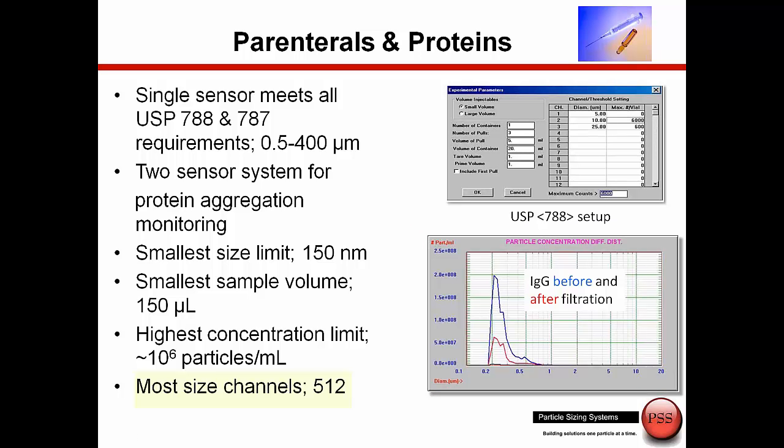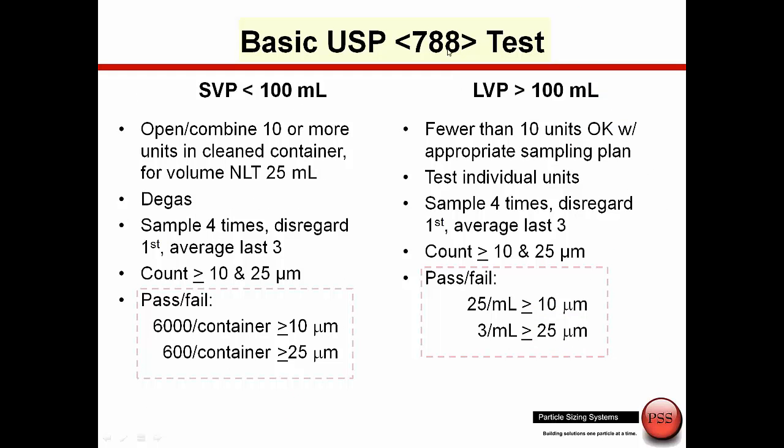In addition to using it as a contamination monitor, you're actually also using it as a high-resolution, high-accuracy particle size analyzer and can see the complete distribution of the particles within the sample. When performing a basic USP 788 test, there is a prescribed procedure where it tells you, depending on the volume of the drug, is it less than or more than 100 mLs.